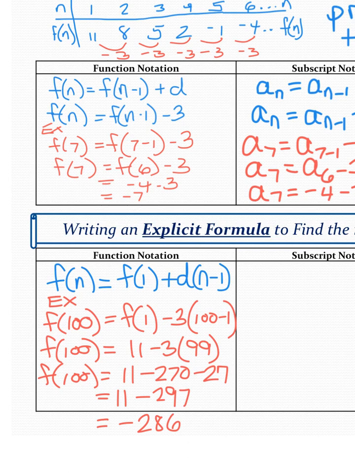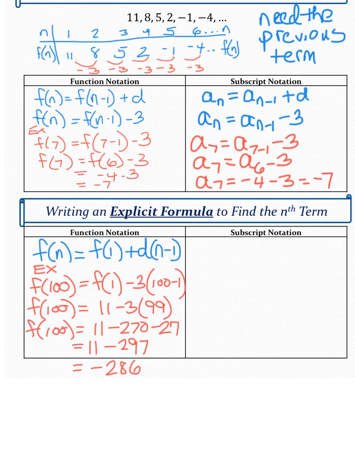All right, how does this look in subscript notation? We've got a sub n equals a sub 1, the first number in the sequence, plus d times n minus 1. So if we wanted to do some kind of example, let's do a different example. Let's do a sub 50.